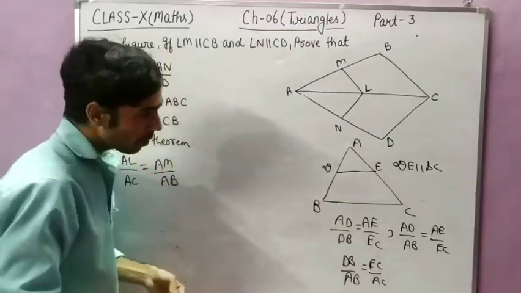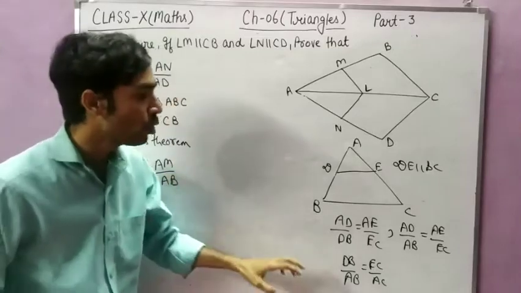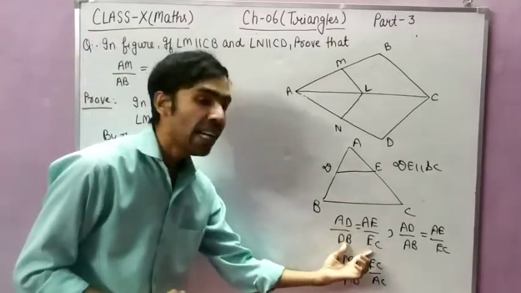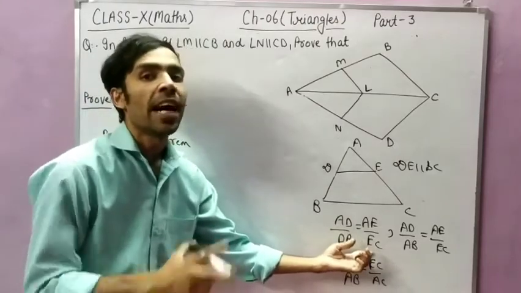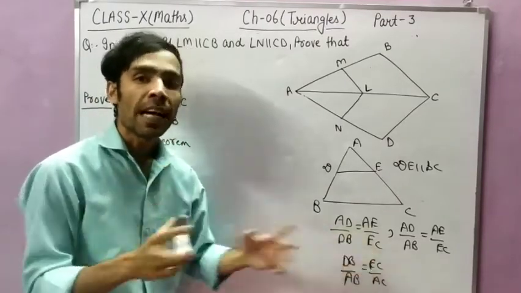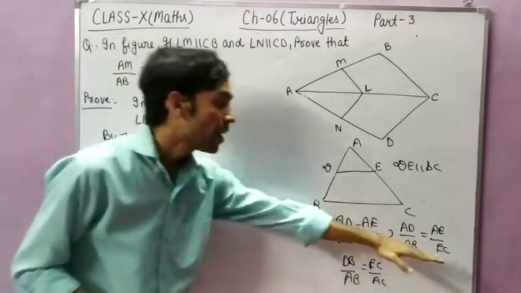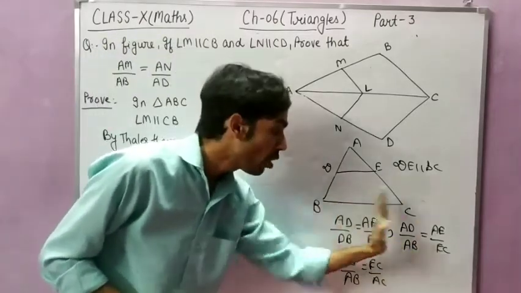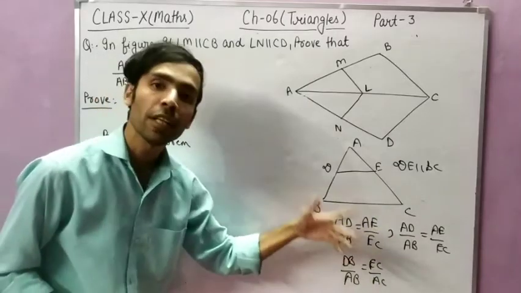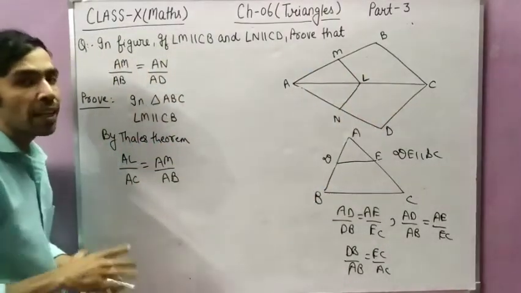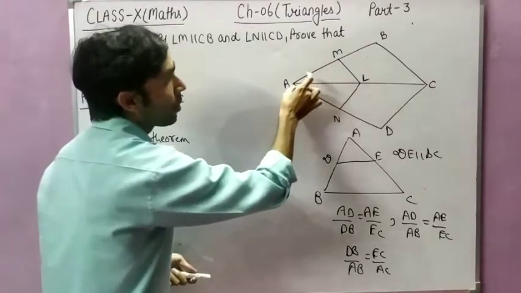So students, if you remember, I added 1 and after solving, this result came. In the same way we can derive this result also. So I derived all these three results in the previous part. In triangle ABC, if I apply Thales theorem, how can I apply it?